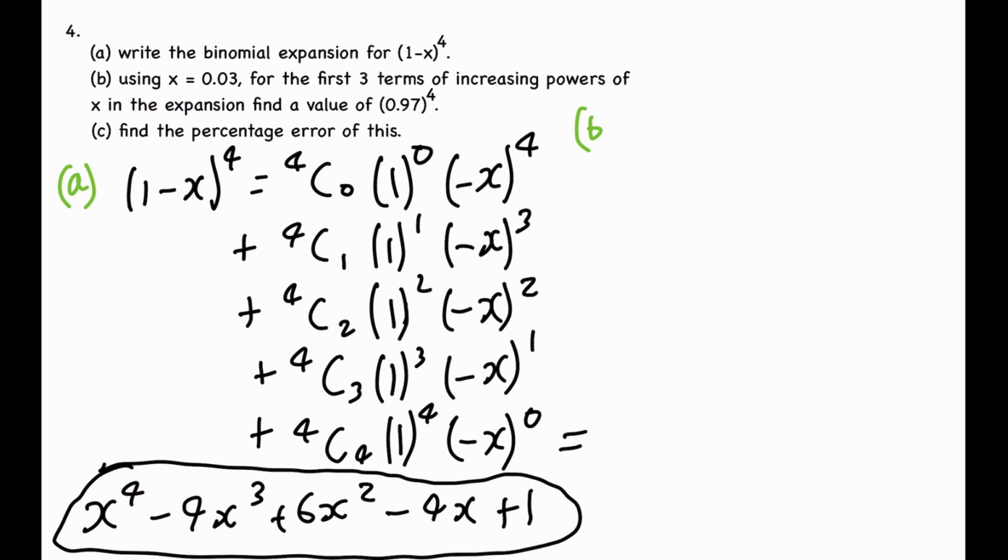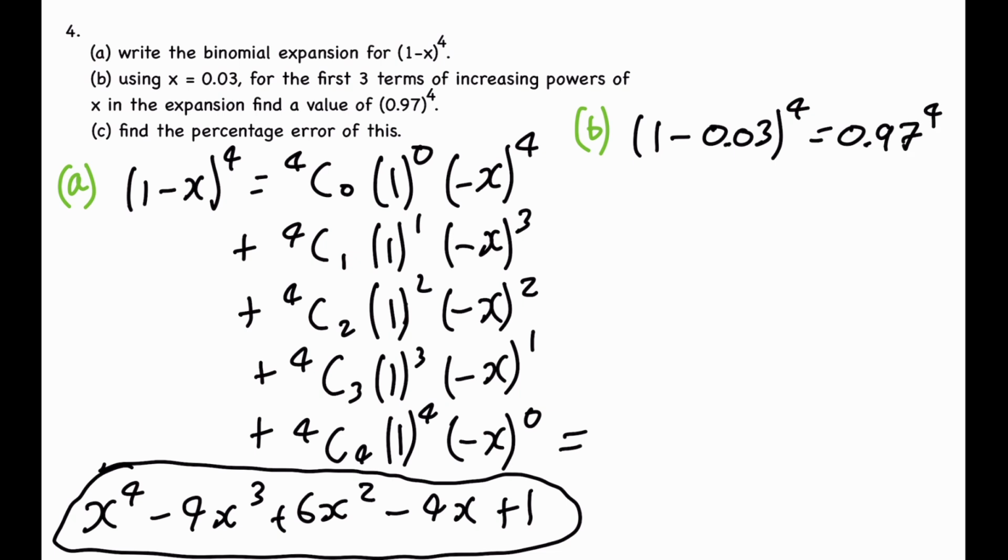And part B is asking to, using x is equal to 0.03, for the first three terms of increasing powers of x in the expansion, find the value of 0.97 to the power 4. Because if we substitute 1 minus x, where x is 0.03, before we expand it, we would get 0.97 to the power 4, which is what they want us to approximate.